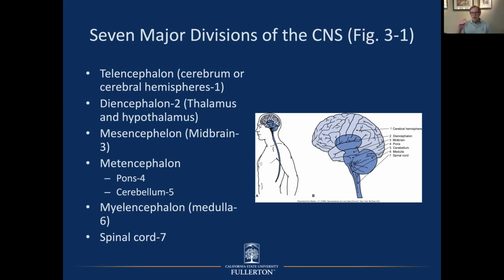You go just below the medulla, and you've dropped out of the skull, and that spinal cord, which is the 7th part of the CNS, that's not part of the brain. So the brain consists of telencephalon, diencephalon, mesencephalon, metencephalon, and myelencephalon. We'll mostly use the terminology that I've gone through there. Okay.